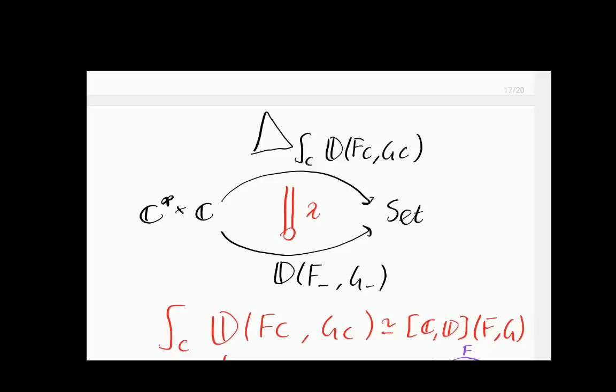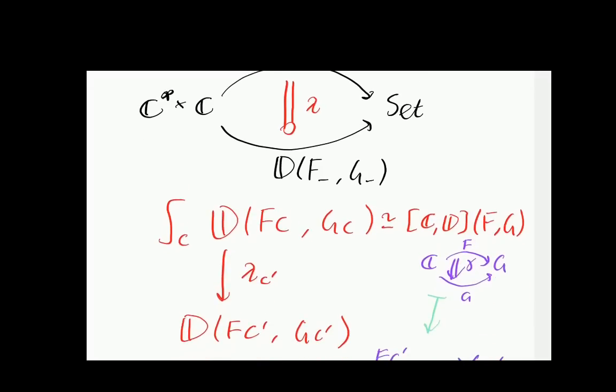We're going to have a wedge, and its apex here is basically the set of natural transformations from f to g, and there's going to be this sort of universal wedge associated with it. So what does this look like? Well, the claim is, of course, that the apex of this wedge is going to be the set of natural transformations from f to g. And then this wedge is going to come along with these kind of projection maps.